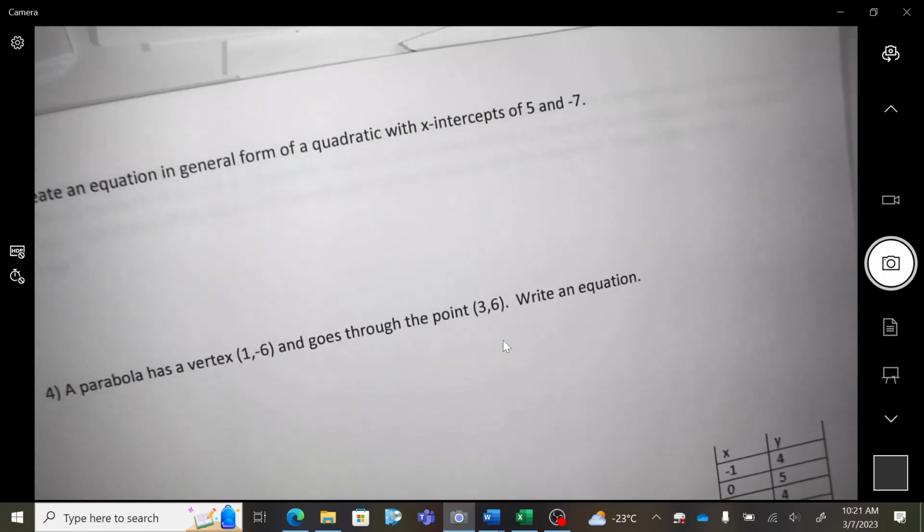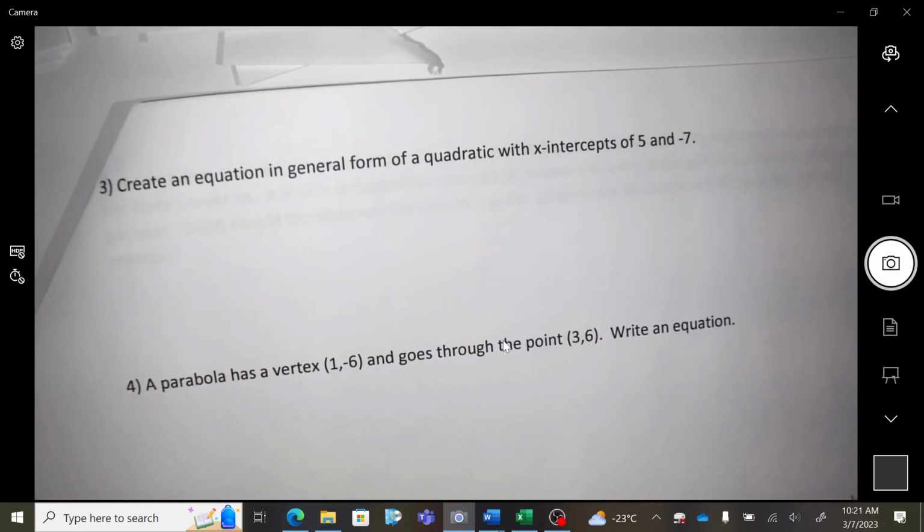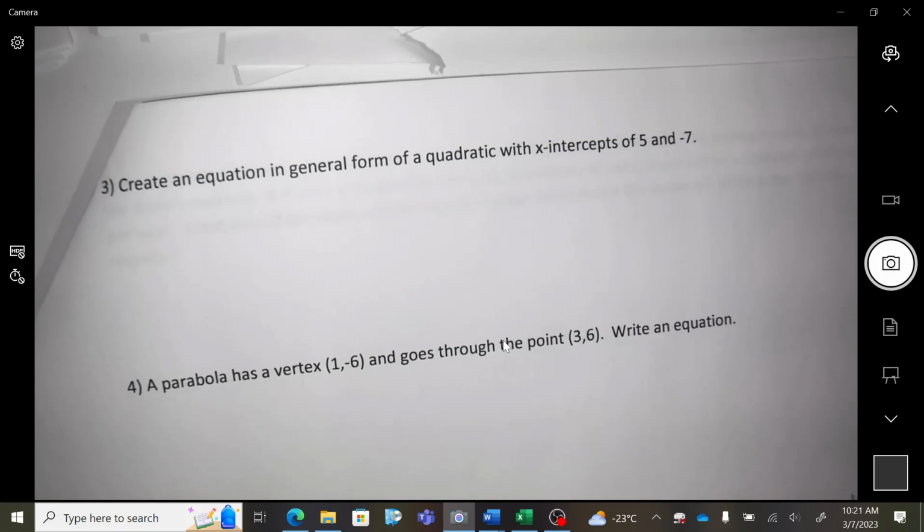Creating equations. So we just did this on the other side where we figured out the x-intercepts. So now if I give you the x-intercepts, can you work backwards?